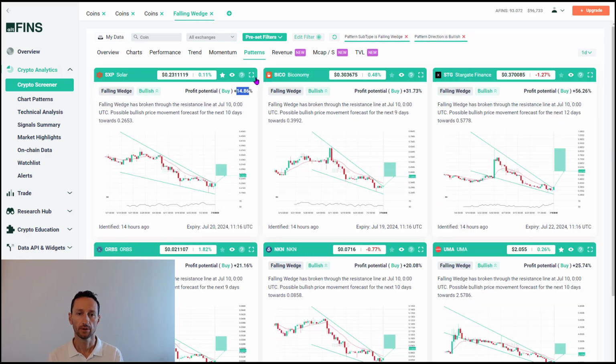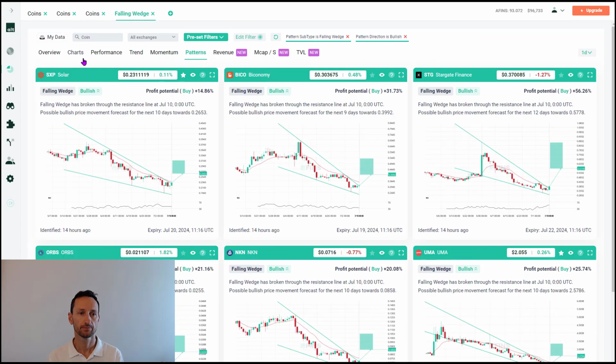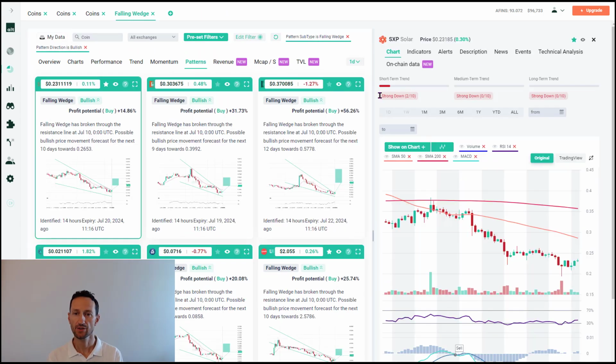Now, as I mentioned, this is a trend reversal pattern because the asset is in a downtrend. In fact, let's take a look at the detail view here. Okay, as you can see, our trend ratings are indicating that this asset is in a strong downtrend.